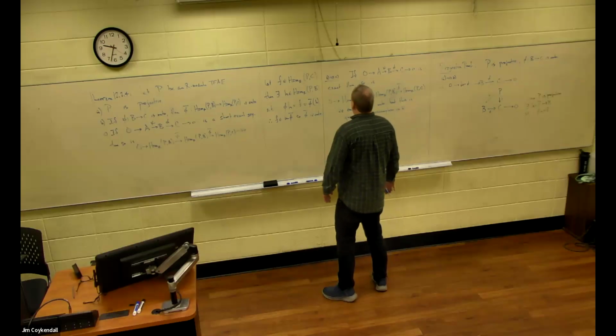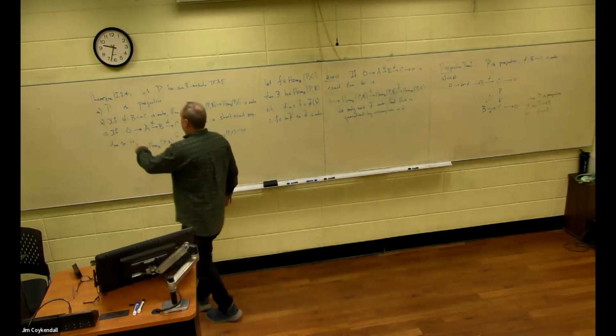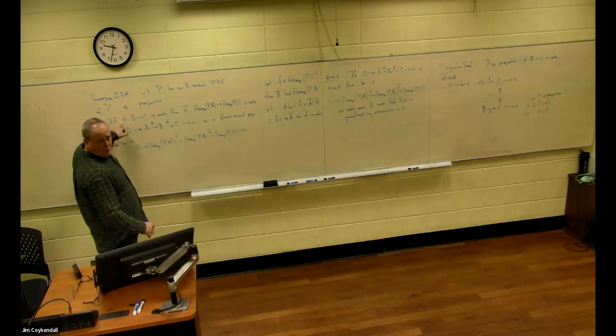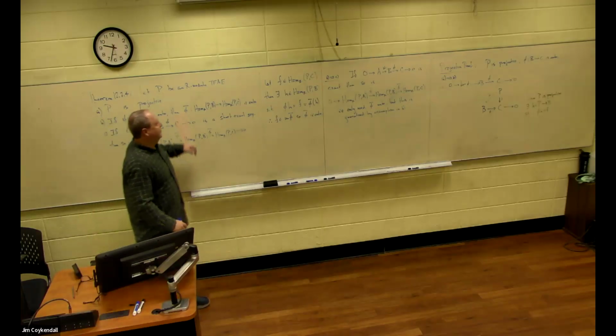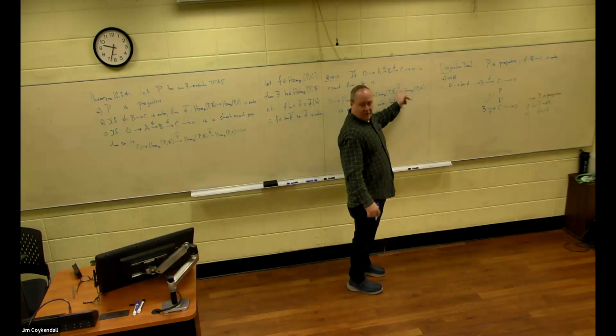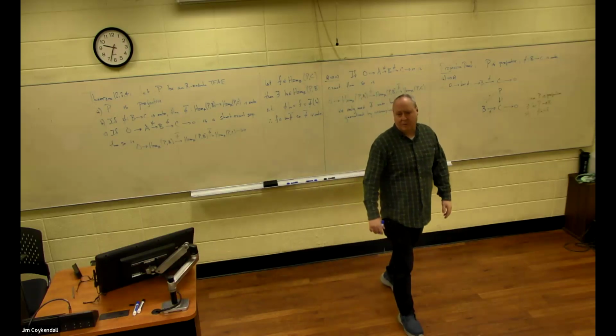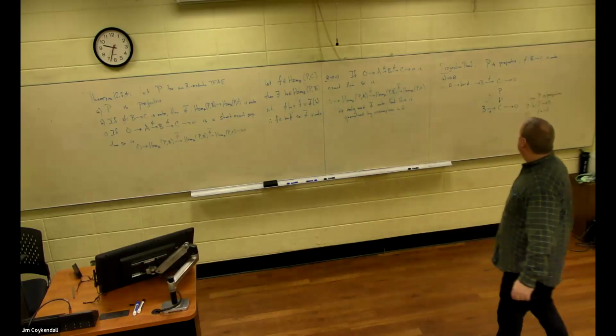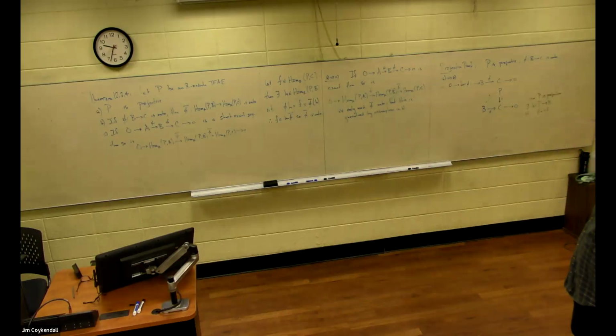If φ bar is onto, which we showed here, then the induced map is onto, and this allows you to complete the sequence. And so it's exact. Everybody okay with that?